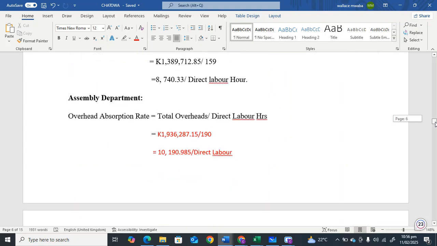Because even when we're producing any of these goods, there's electricity involved. So it's up to you to choose your absorption base. Right? So that's how you get your overhead cost per unit.